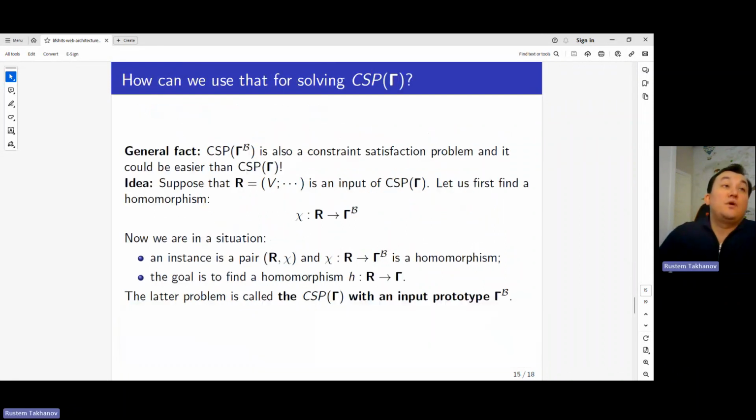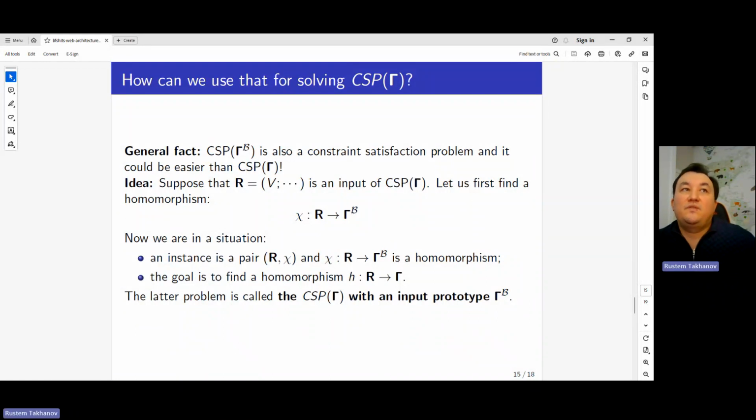Okay, what does it give us for our initial constraint satisfaction problem with the fixed template gamma? In a constraint satisfaction problem with fixed template gamma, our goal is to find a homomorphism from some instance R to the fixed template gamma. And sometimes, of course, gamma could be NP-hard, so it could be hard to find such a mapping from R to gamma. But suppose that we define B, a collection of algebras, in such a way that gamma superscript B is tractable.